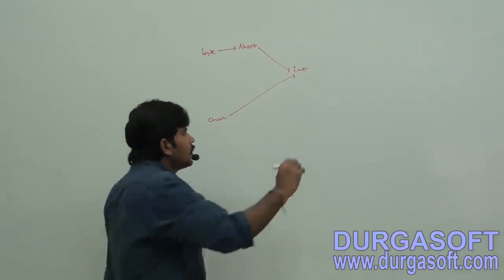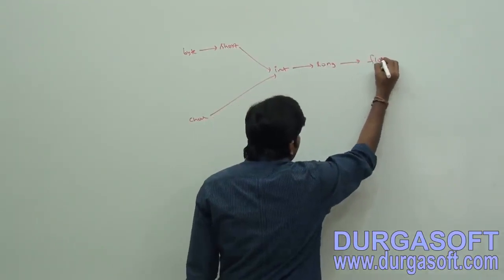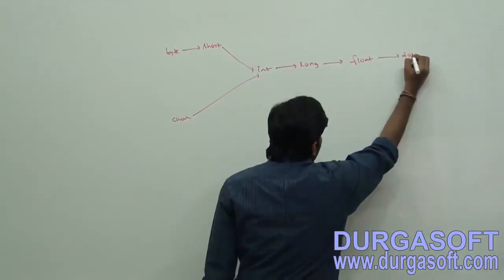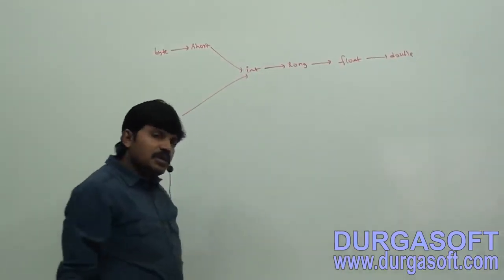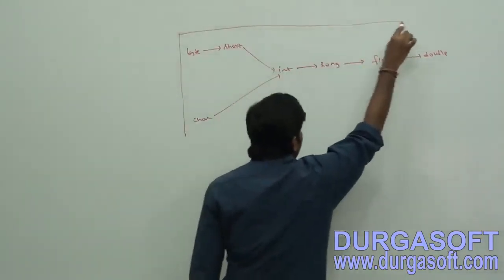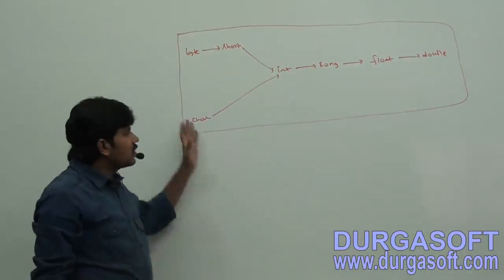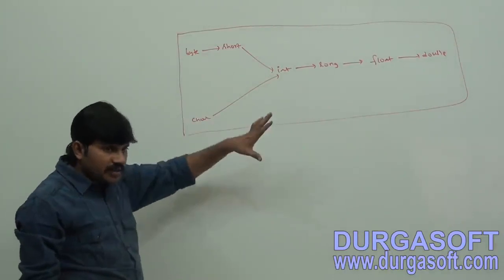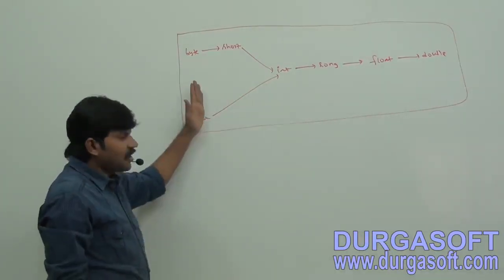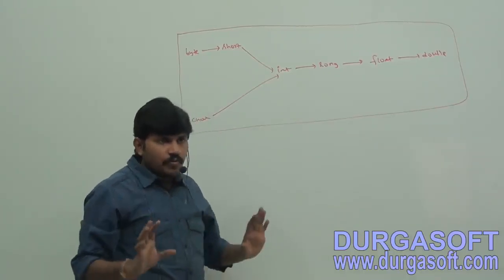What is the problem? Int to long, long to float, float to double. These assignments left to right are always acceptable, no problem at all. Are you able to get it, right? So all these things are perfectly valid, left to right. So lower data type value we can assign to higher data type variable, no problem at all.